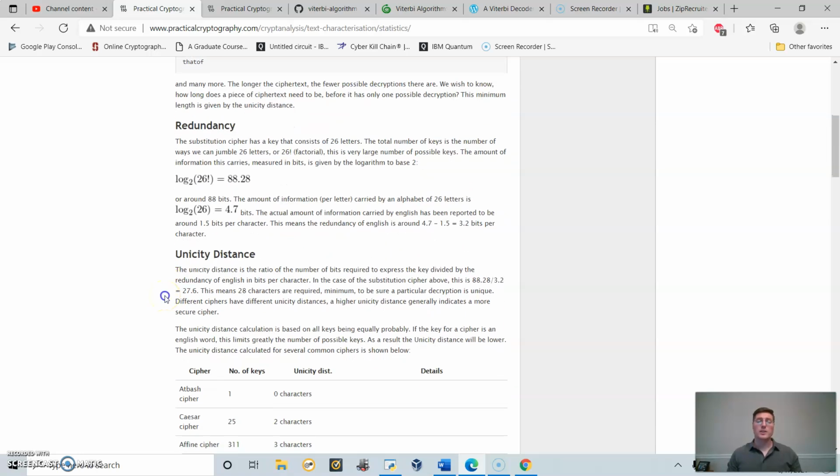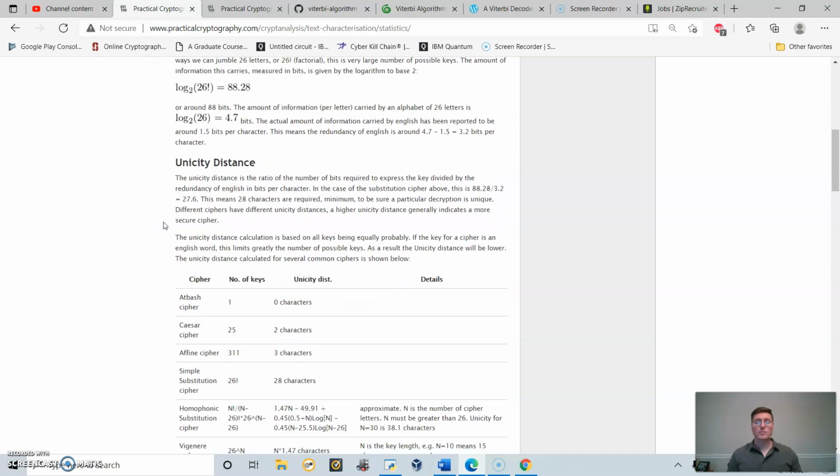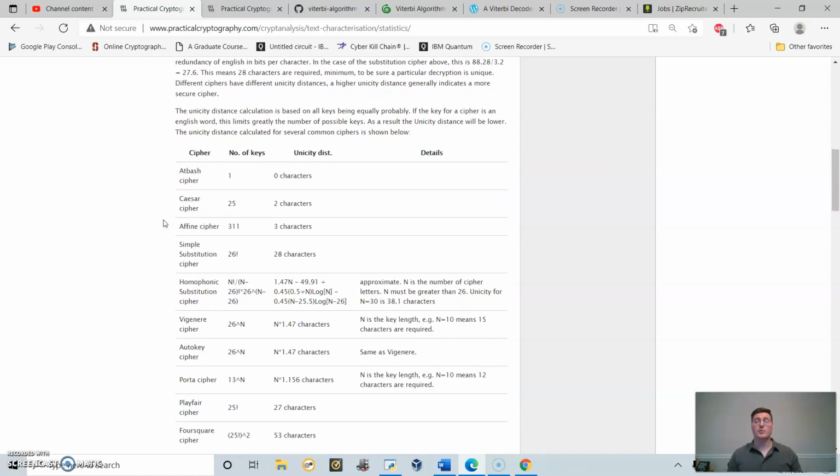So the unicity distance is great to know, and we're going to spend a lot of time looking at it for each cipher we do. However, there's a lot of math behind determining the minimum bound associated with the workforce resources that are required to break that crypto system.